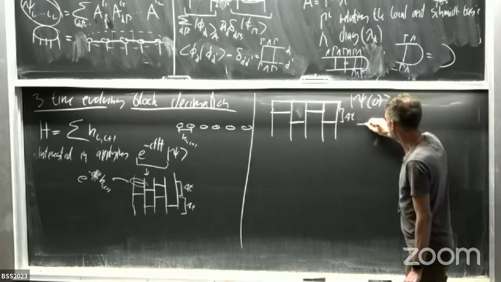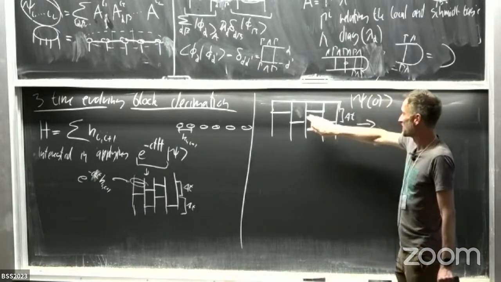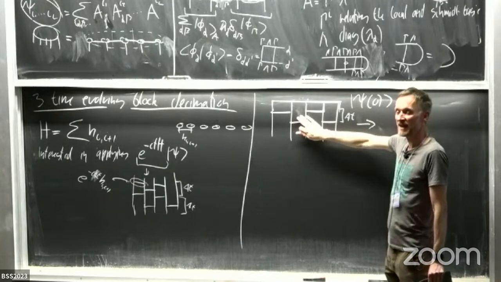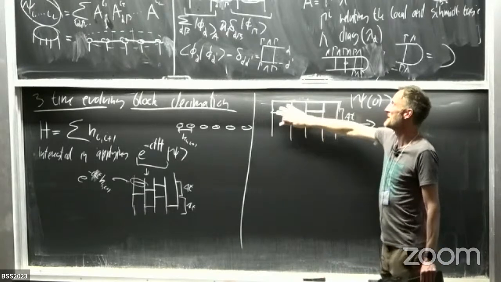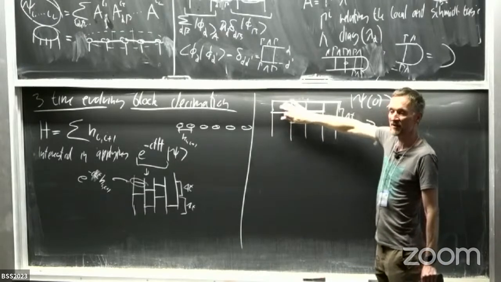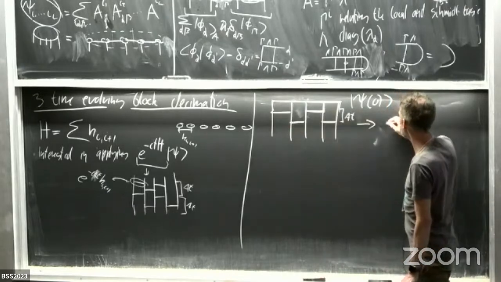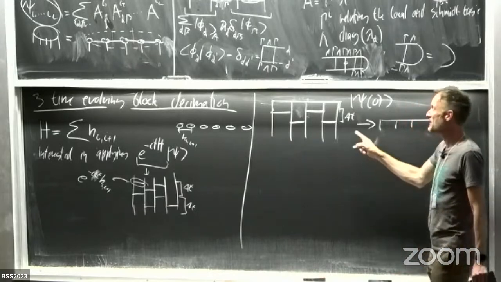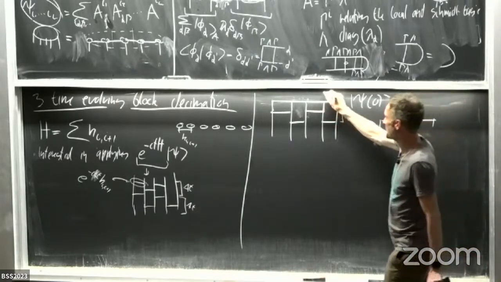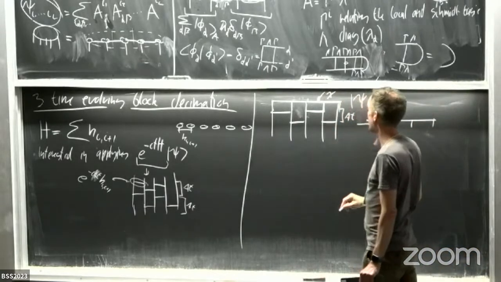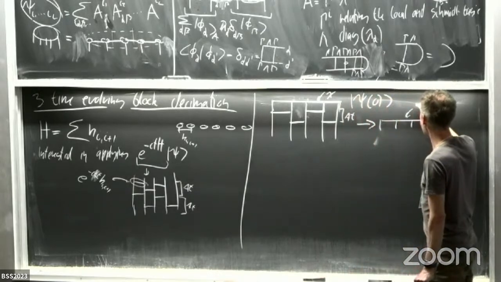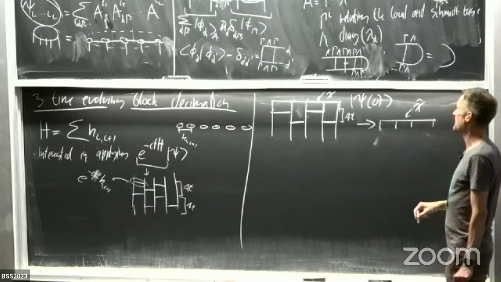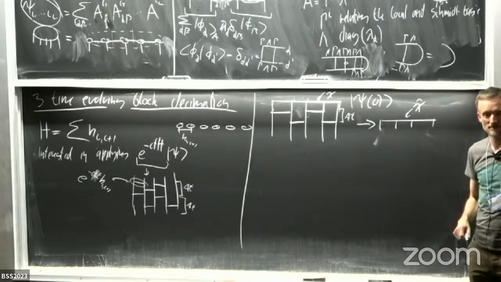And the big question is, because I'm starting from an MPS and now I apply something to it, that will increase the entanglement on a given bond. What I want to do is bring it back to this form. So I want to take my MPS, which maybe has a bond dimension chi here, and bring it back to an MPS with a new bond dimension, let's call it chi tilde.